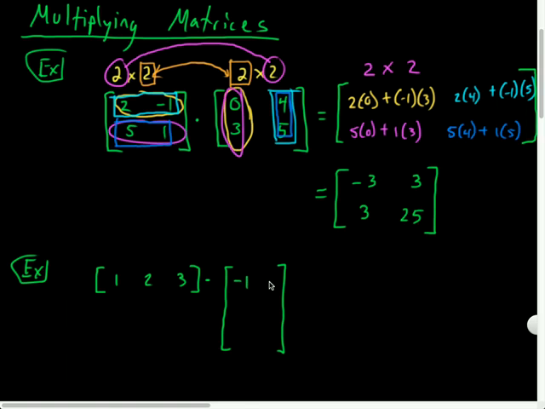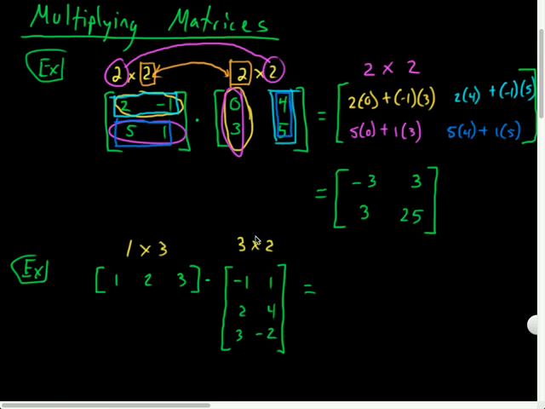Let's do negative 1, 1, 2, 4, and 3, negative 2. Let's see, what's the size of this matrix? 1 by 3. And what's the size of this matrix? 3 by 2, right? 3 rows, 2 columns.